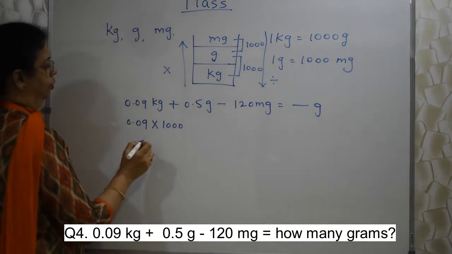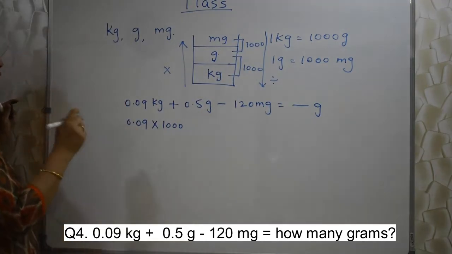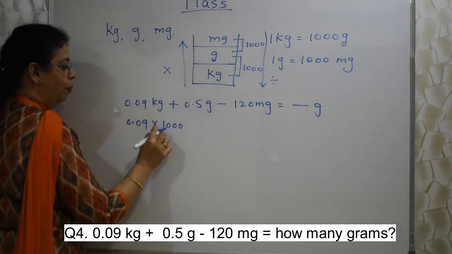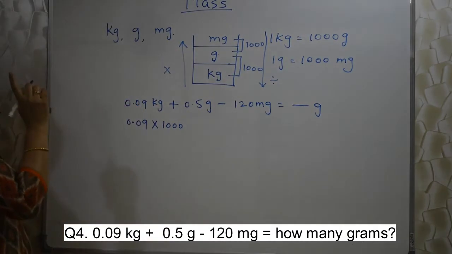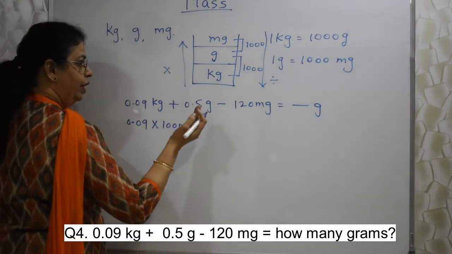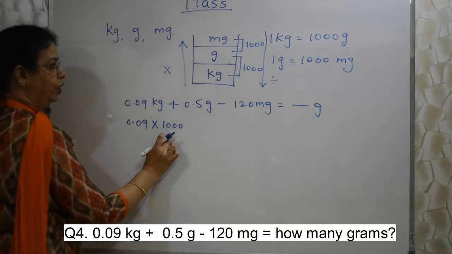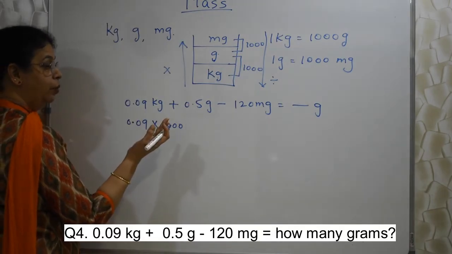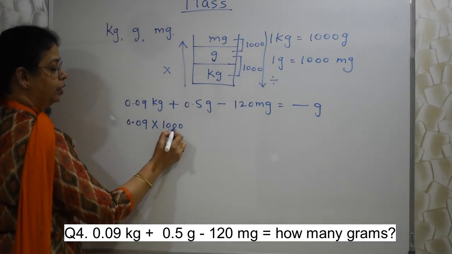I told you in multiplication, length video, whenever we multiply decimal by 1000, 100, 10, 10,000, whatever, our decimal moves to the right, and when we divide, it moves to the left. Now here in this case, it will move to the right because we are multiplying. How many places will it jump to the right? It depends on these zeros.